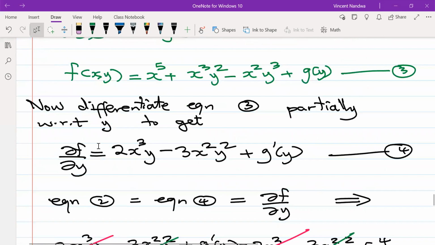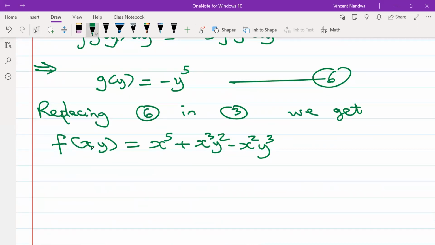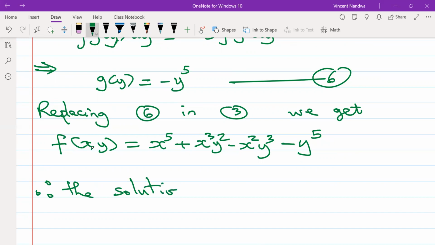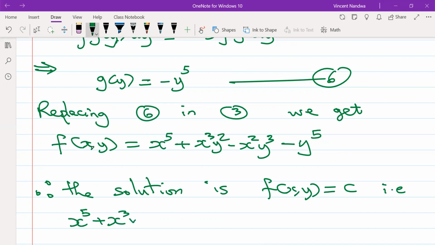And then plus g, and now we have found g to be minus y power 5. So therefore, the solution is f of x, y equals to c, which is x power 5 plus x cubed y squared minus x squared y cubed minus y power 5 equals to c.